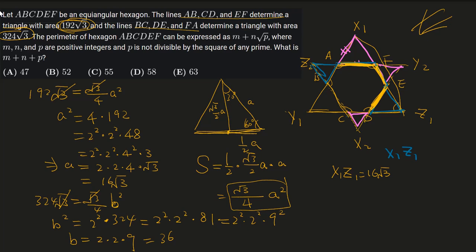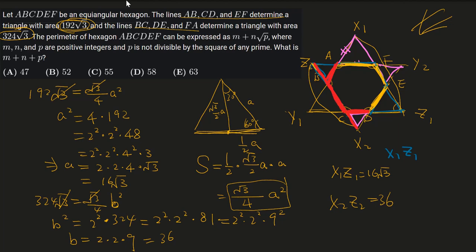Then let's look at the triangle x2, y2, and z2. We know that this part, x2, z2, equals 36. And this part, I'll use a red color, this length certainly equals this part, this length and this length.